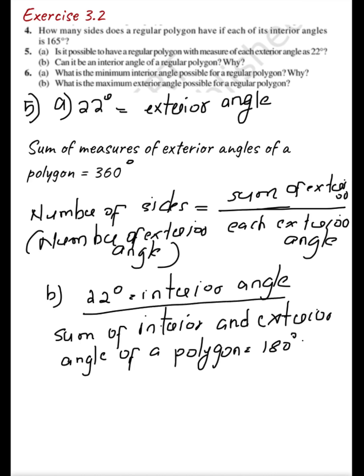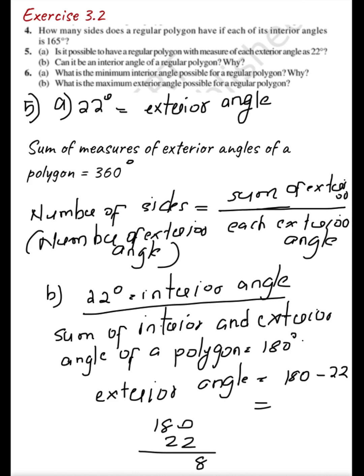So if the interior angle is 22 degree, what will be the exterior angle? How will you find it? Just subtract, that is 180 minus this interior angle 22. What is 180 minus 22? Let's do it. 180 minus 22 is 158 degree. So we got the exterior angle as 158 degree.